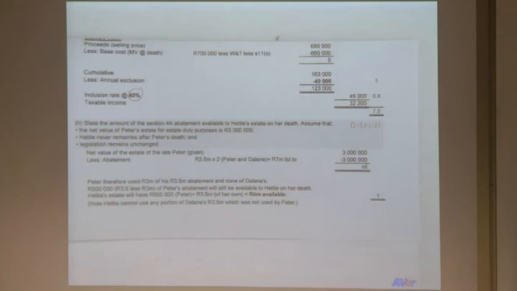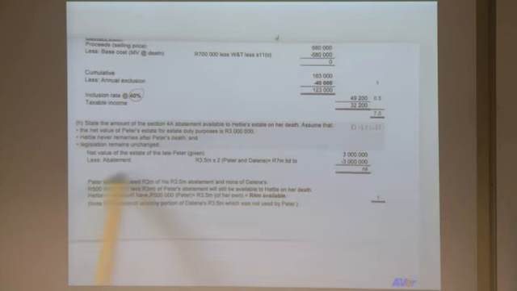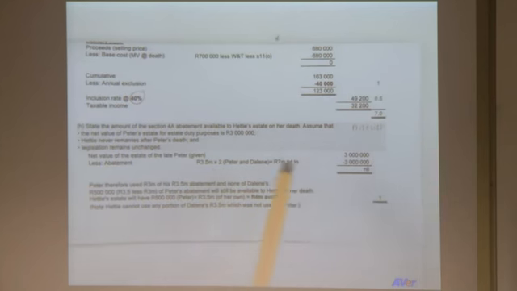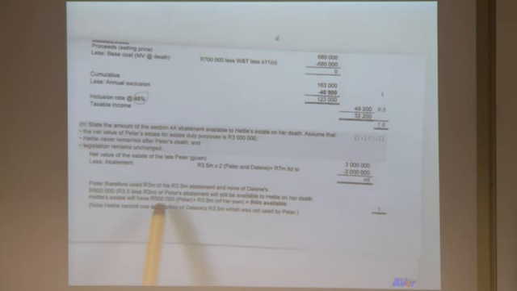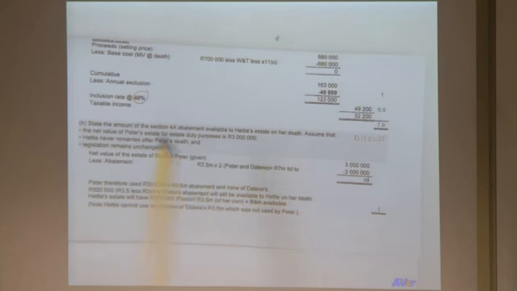Okay, so Peter's net value of his estate was 3 million. Then he would have had a 4A abatement of 3.5 million, but he only used 3 million. Therefore, there's an excess of 500,000, plus Hetty will receive her own 4A abatement of 3.5 million, so she has a total of 4 million. That was one mark. Okay.